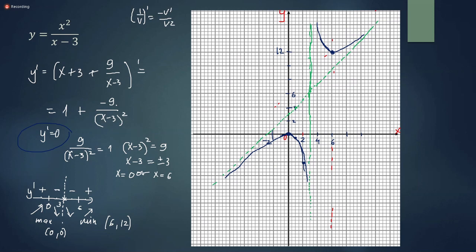On the right, the second derivative would be positive. There is no inflection point because the function is not defined there. So when you are establishing inflection points, minimum, maximum points, looking at the signs of the derivatives, also pay attention to whether the function is defined at that point or maybe we have a discontinuity.